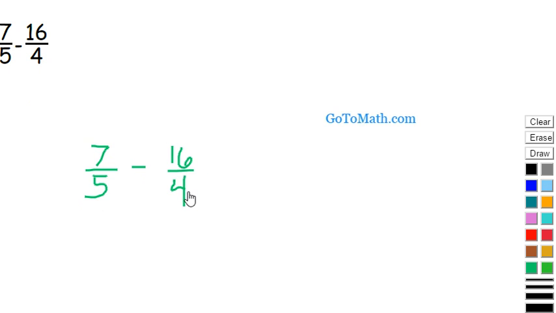We need to get a common denominator. Some books go into a great big, long explanation on how to get a common denominator, and I'm just like, let's not make this any more difficult than it actually is. Anyway, let's use a different color.